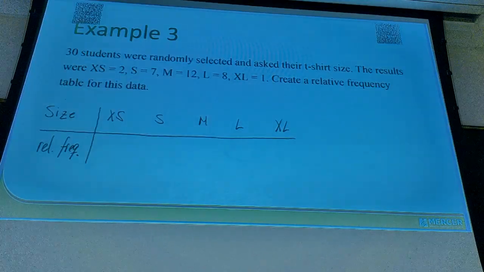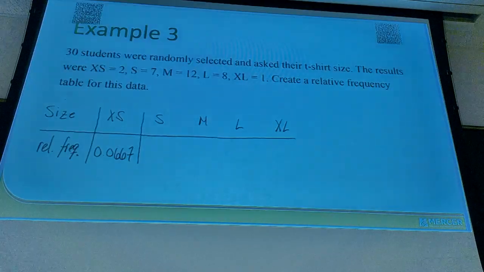So 2 out of 30 is 0.0 and then 6 repeating. That is 0.2, 3 repeating.